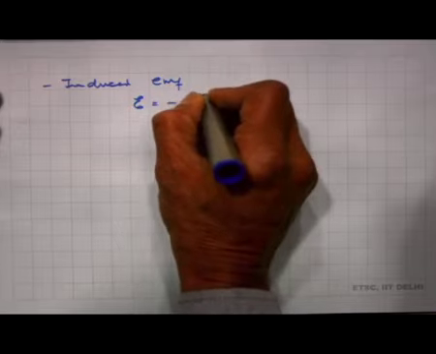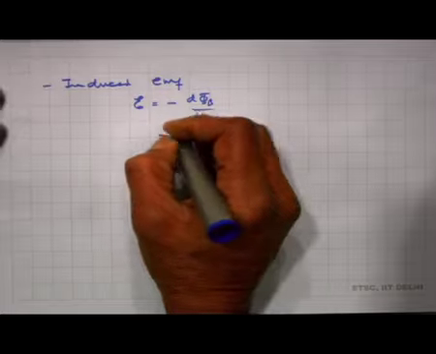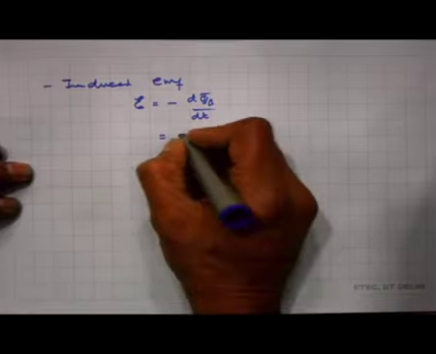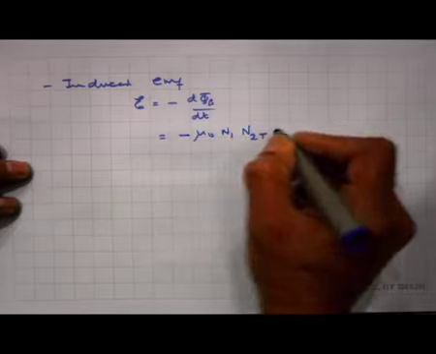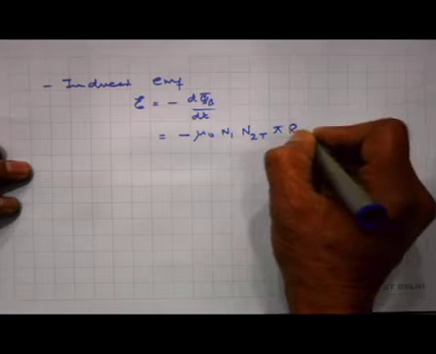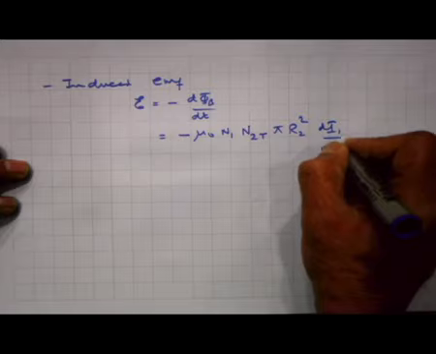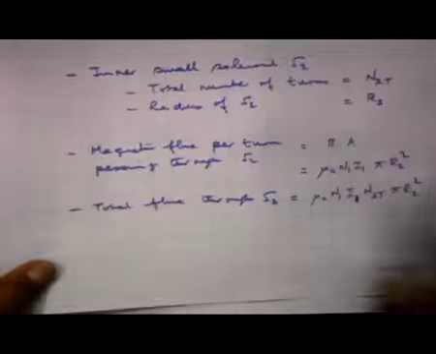EMF is minus d phi B by dt, and the flux is so much. So, this is minus mu naught N1 N2T pi R2 square into dI1 by dt. So, this is the total flux.